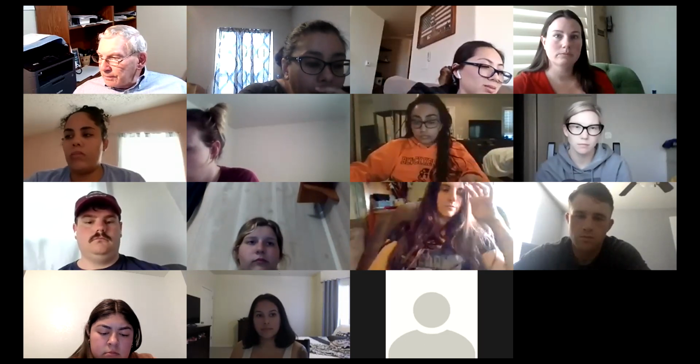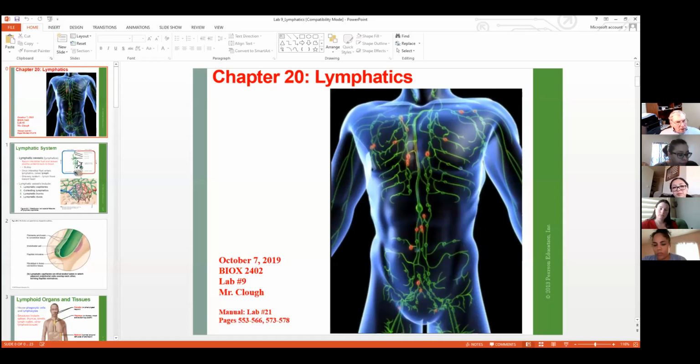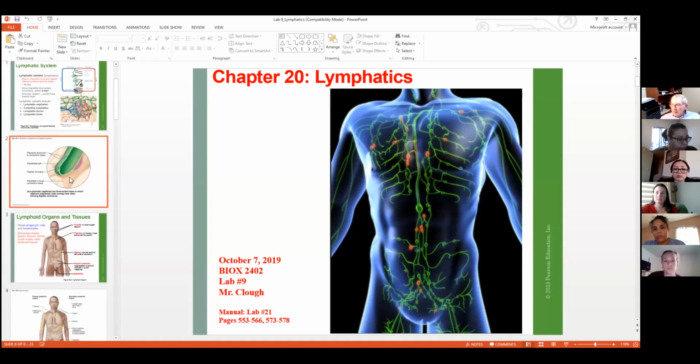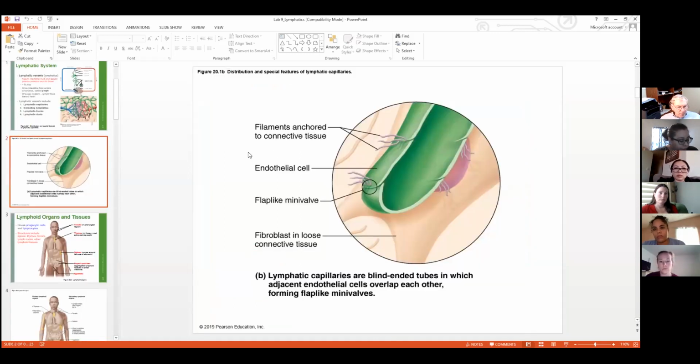Lymphatic first. Slide number 2. We've seen this a dozen times, so be sure we have the capillary, blind capillary, and understand what lymph is. Lymph is the fluid that is in the lymphatic system.